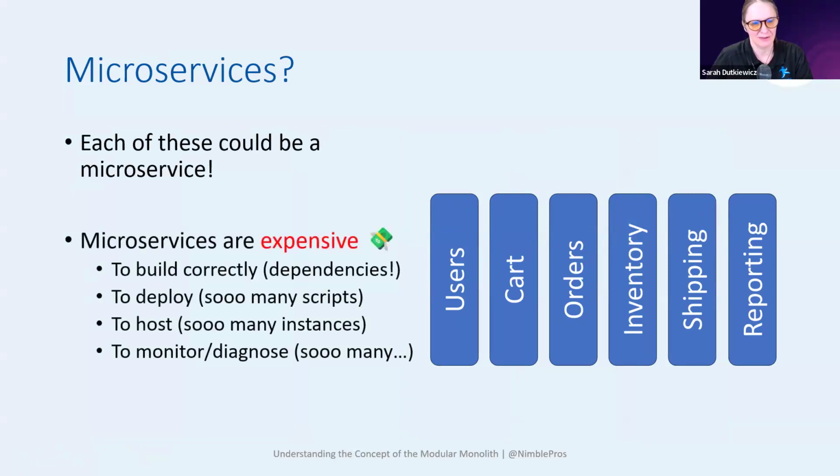But as we point out, they're expensive on so many levels. And I have a comparison thing that we'll talk about how those two compare. So know that, yes, you can see your list of modules and go, I could go to microservices. But there are trade-offs. Remember what we said at the very beginning with software architecture. Everything is a trade-off.